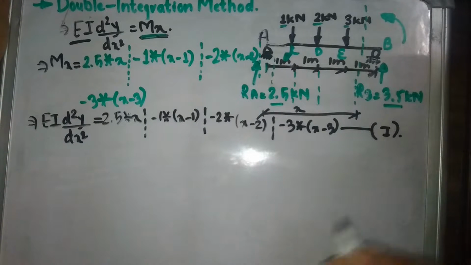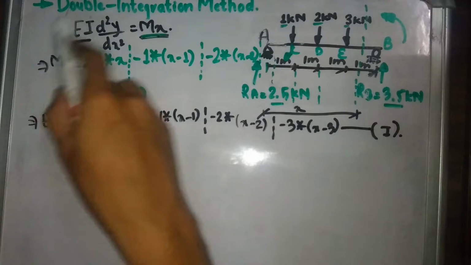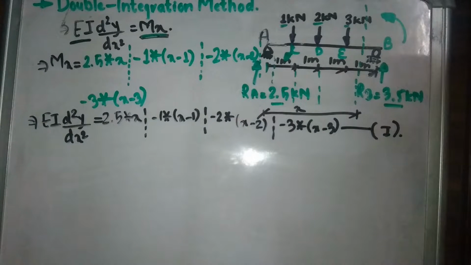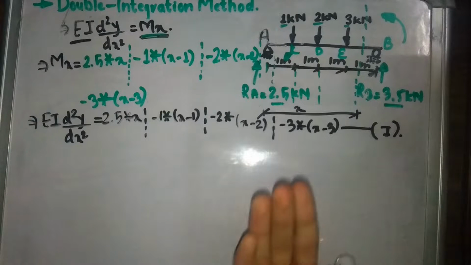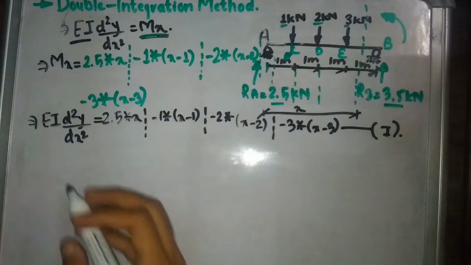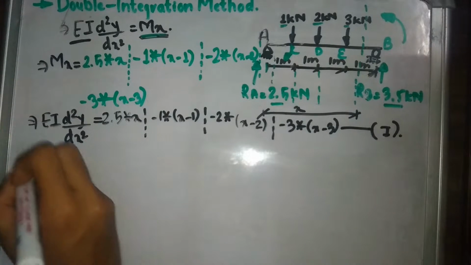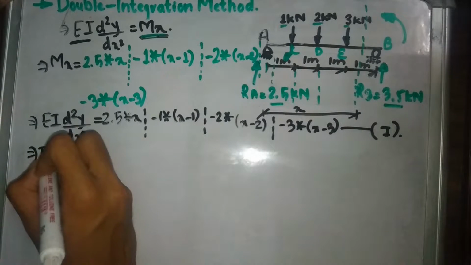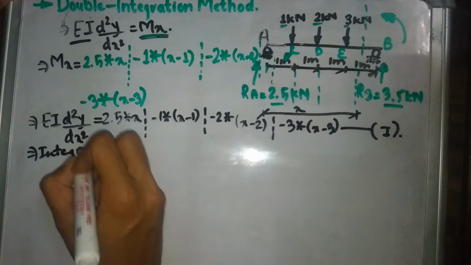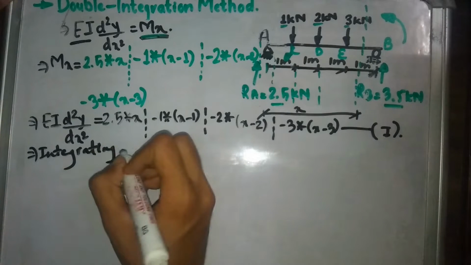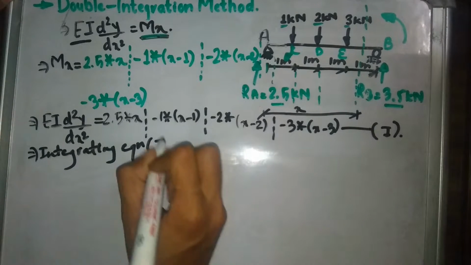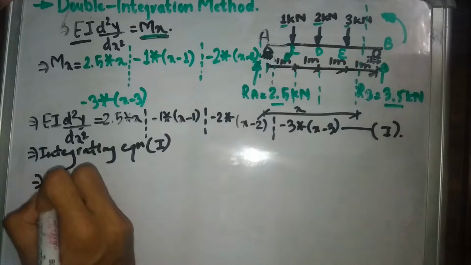With the name double integration method, what we're going to do firstly, in order to calculate our slope and deflection, is integrate this equation. So firstly we're going to integrate equation 1. Integrating equation first, we're going to get EI.